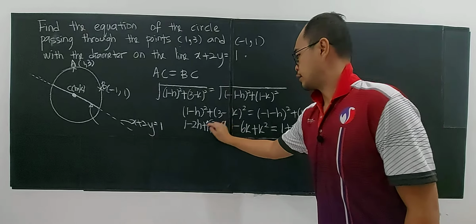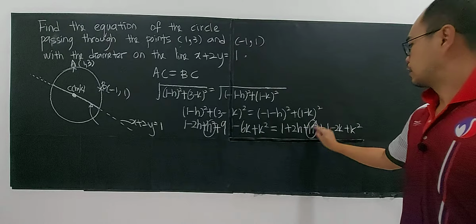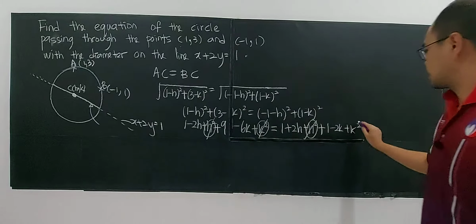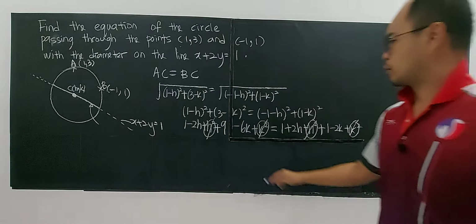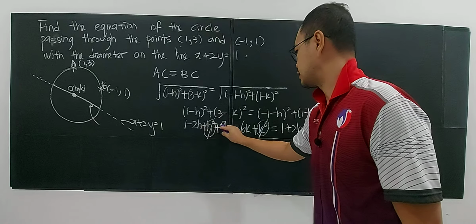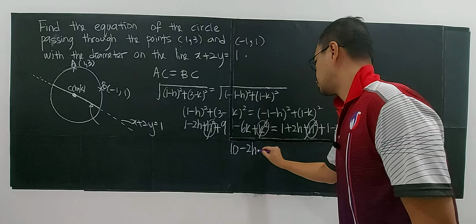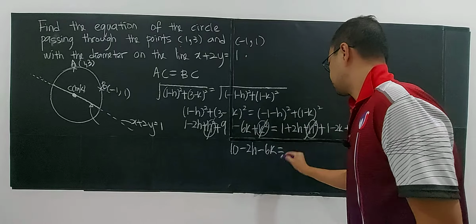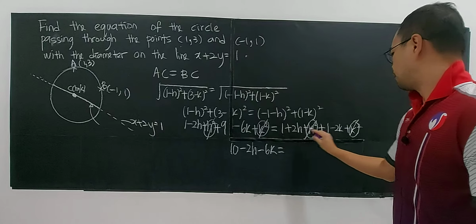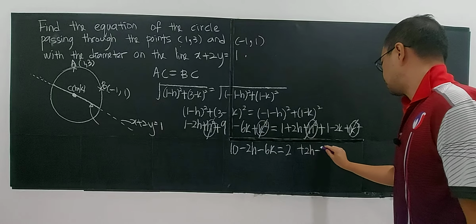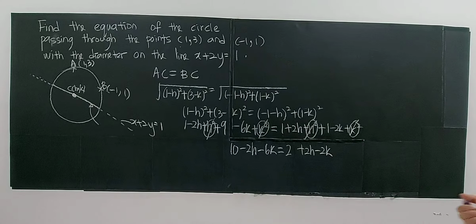The h squared terms and the k squared terms eliminate. Rearranging, you have 1 plus 9, which is 10, minus 2h minus 6k, and 1 plus 1, which is 2, plus 2h minus 2k. Rearrange this and we get the equation relating h and k.